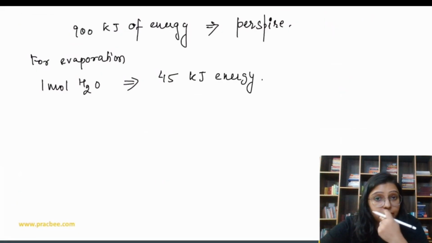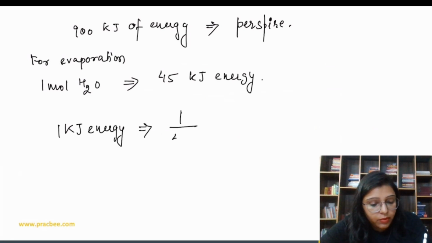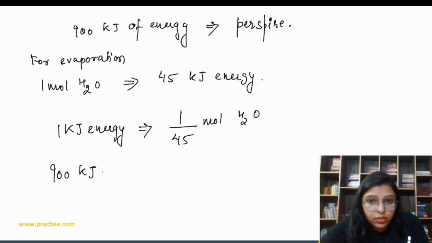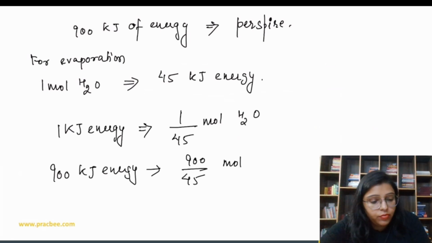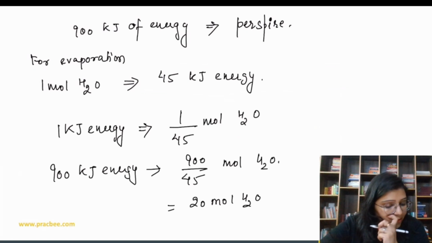So 1 kilojoule of energy is equivalent to 1 by 45 mole of water, and 900 kilojoule of energy is equal to 900 upon 45 mole of water. If we solve this, 900 upon 45 gives 20 mole of water, right?